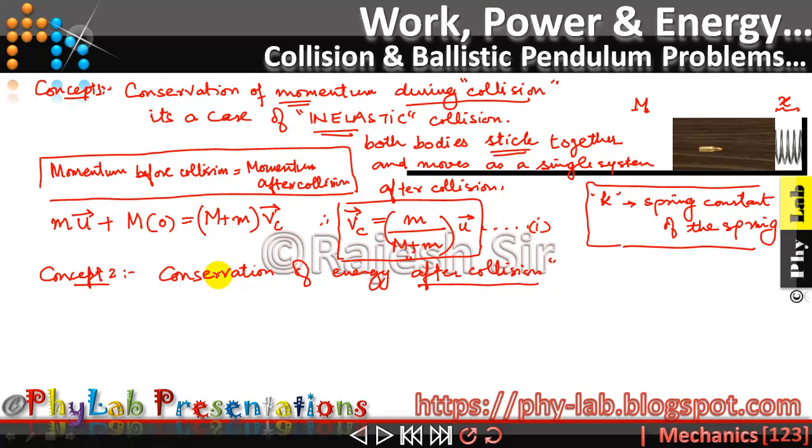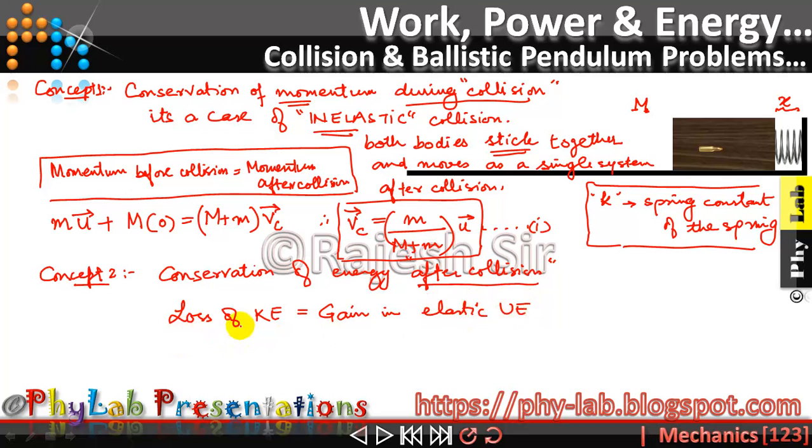This kinetic energy is lost in compressing the spring and gets converted into the potential energy of the spring. According to concept number 2, energy must remain conserved, so the loss of kinetic energy of the bullet-block system is converted into the gain in elastic potential energy of the spring.